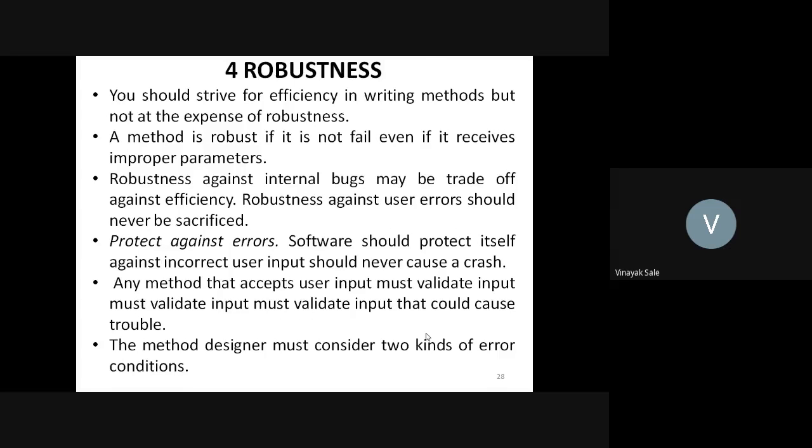So you should strive for efficiency in writing methods, but not at the expense of robustness. A method is robust if it does not fail even if it receives improper parameters.